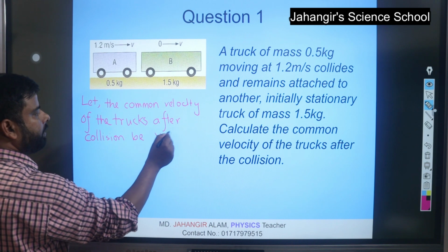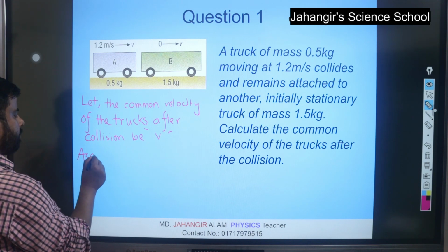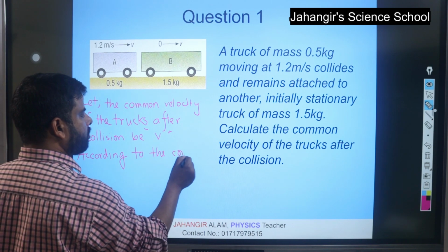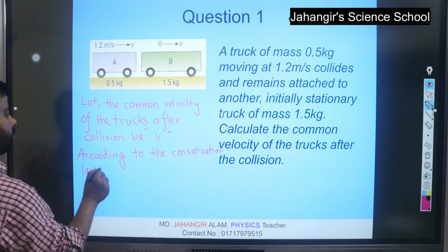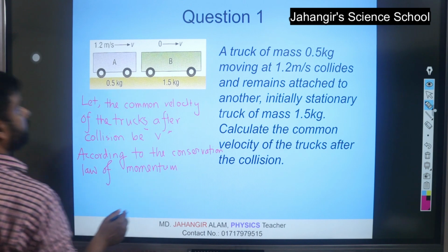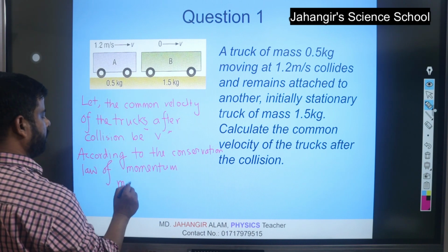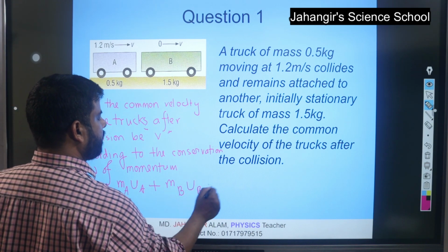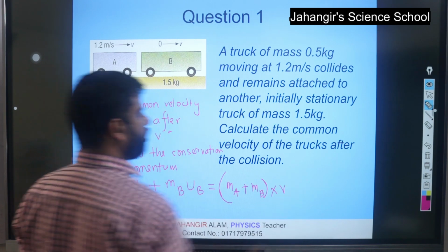So according to the conservation law of momentum, total: mass of truck A, initial velocity of truck A, plus mass of truck B, initial velocity of truck B, equal to total ma plus mb into v, the common velocity.